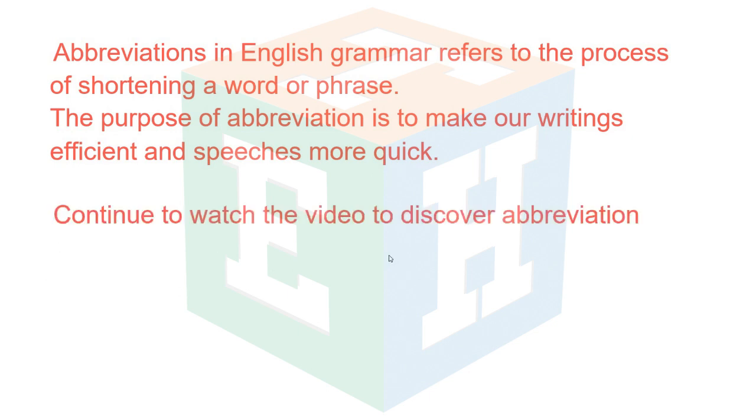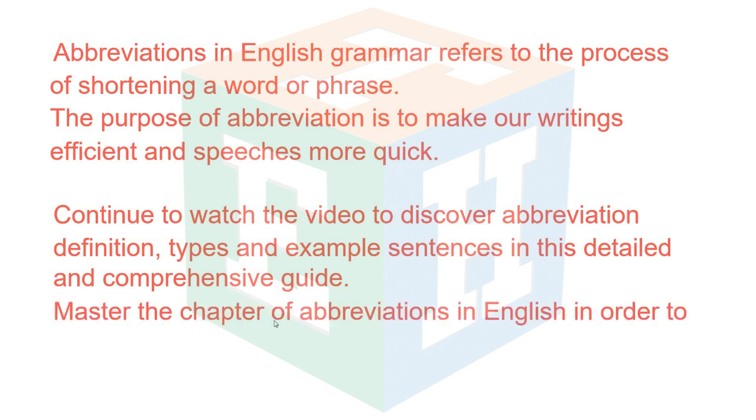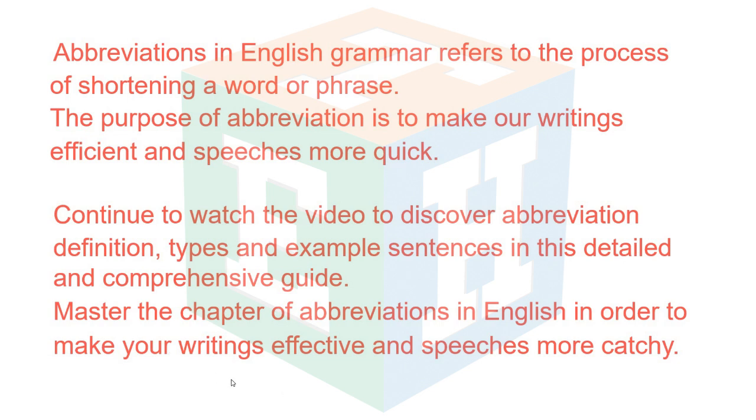Continue to watch the video to discover abbreviation, definition, types, and example sentences in this detailed and comprehensive guide. Master the chapter of abbreviation in English in order to make your writings effective and speeches more catchy.